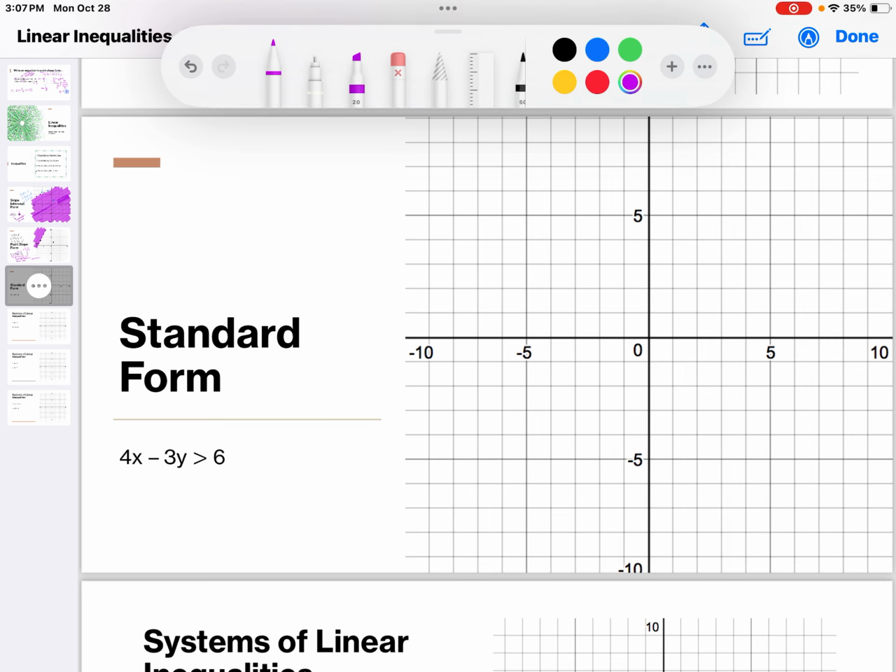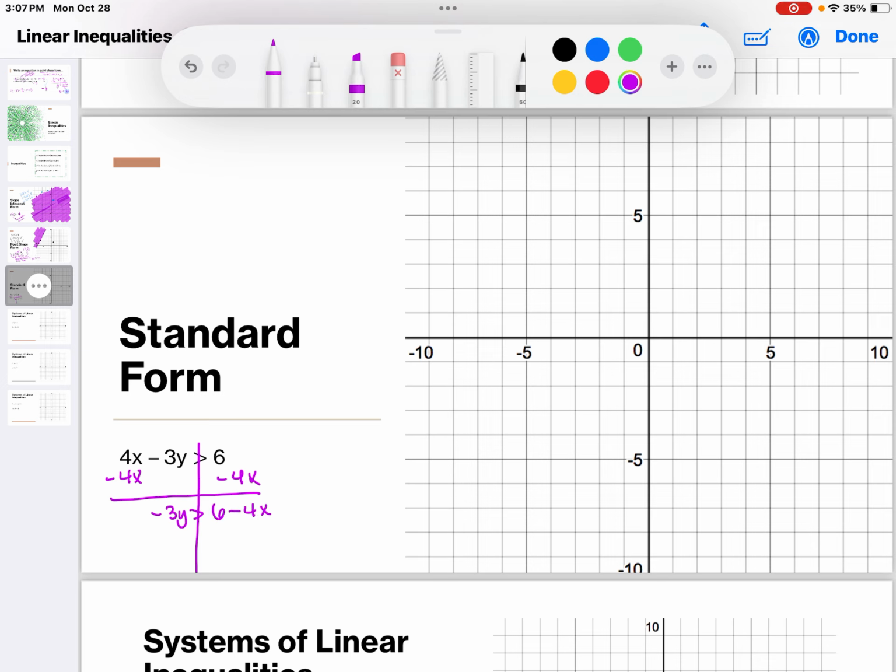All right, now we have it in standard form. But I want you to not just be like, oh, the slope is -4 over 3, and the y-intercept is -2, let's go plot it, yada, yada, yada. Because I want to make sure we change this to y equals mx plus b, and you're about to see why. So if I want to change this into y equals mx plus b form, I'm going to subtract 4x. Negative 3y is greater than 6 minus 4x.